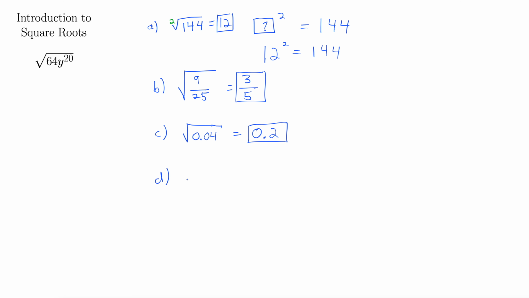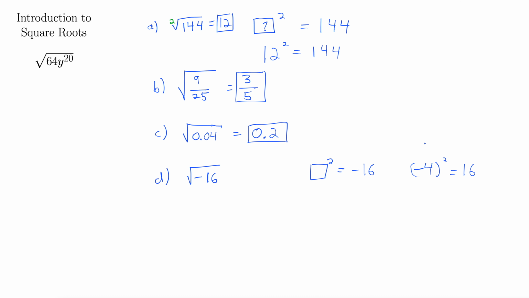How about this one? The square root of -16. This one's a little strange. Eventually we'll get complex numbers, but we don't have them yet. So what this is saying is, what number squared equals -16? Maybe you're saying it's -4 squared. Well, -4 squared is -4 times -4, which is +16.